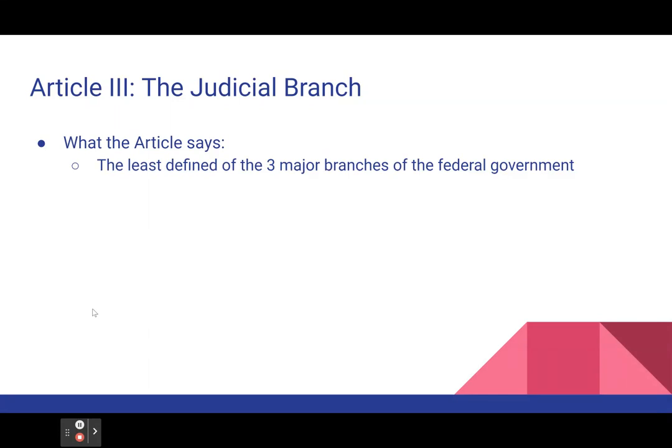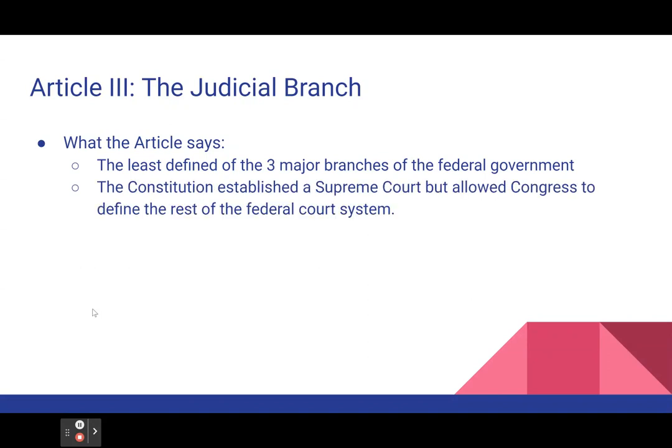Article 3 explains the judicial branch, which is essentially the least defined branch of the federal government. The Constitution establishes the Supreme Court in this article, but it essentially also allows Congress to define the rest of the federal court system.